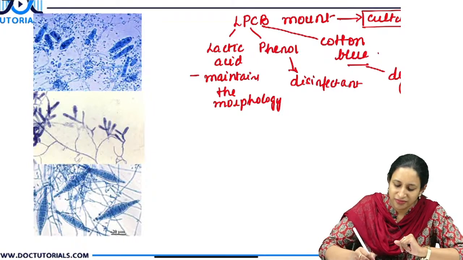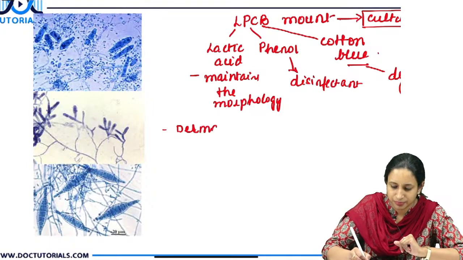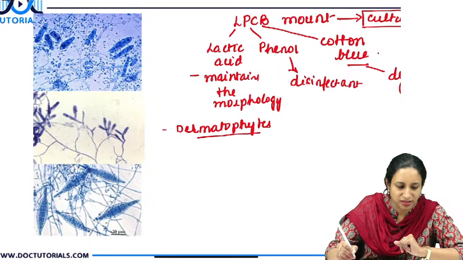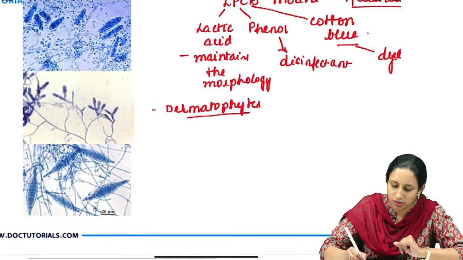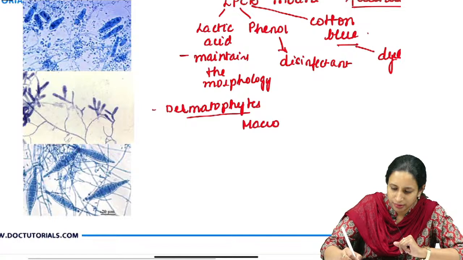Now, this is in fact an LPCB mount of your dermatophytes. And how do you identify your dermatophytes? It's based on your macroconidia and microconidia.